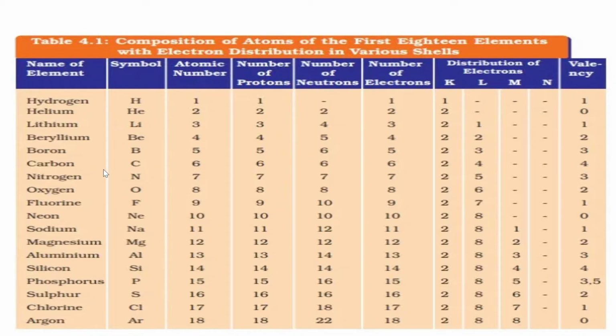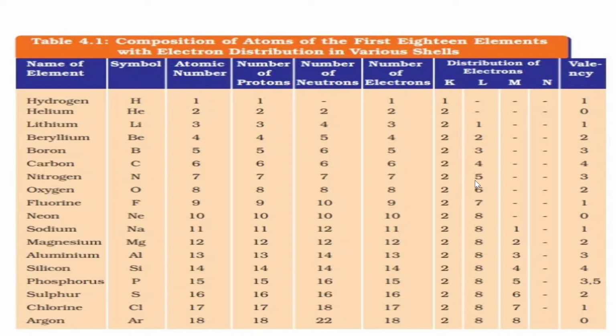Now coming to nitrogen, represented by the letter N, the atomic number is 7, number of protons is 7, number of electrons is 7, and the number of neutrons is also 7 in the case of nitrogen. And when we come to the arrangement of electrons, 2 in the K shell, that is the inner shell, and the remaining 5 in the next shell, that is the second shell, L shell. Okay, children.